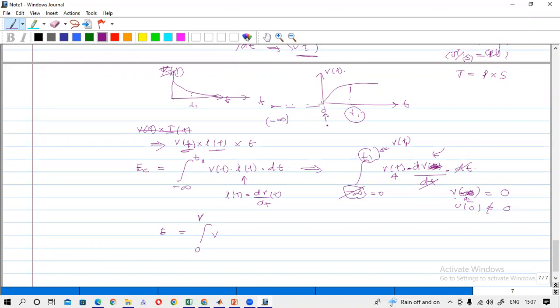Now this is in the voltage domain, in dV the variable is voltage, so time is considered a constant.